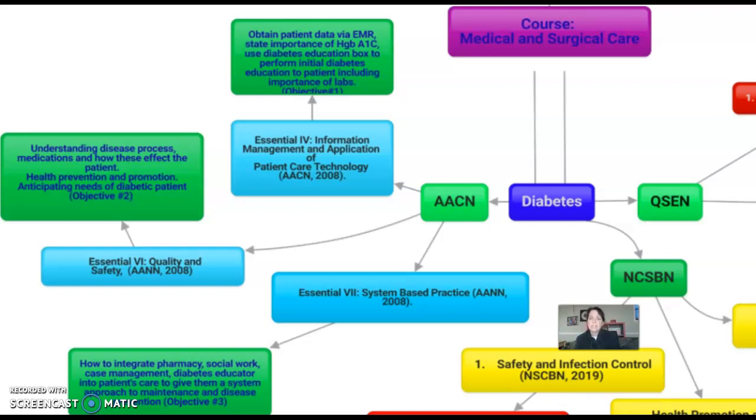The three AACN Essentials that I thought were important for this module would be the information management of application of patient care technology. The way that I see this working is the student would obtain patient data via EMR, state the importance of a hemoglobin A1C, and use the diabetes education box to perform initial diabetes education to the patient, including the importance of labs.